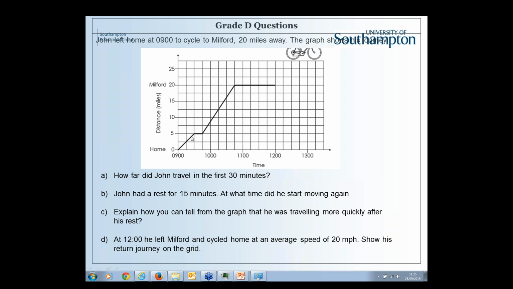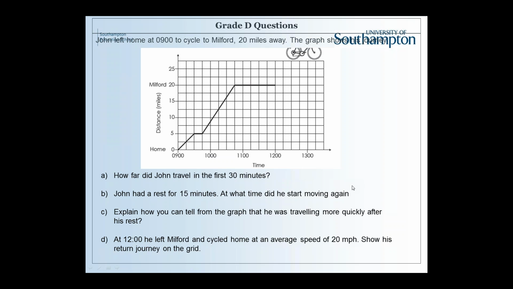And so we can calculate that here he's going at 10 miles an hour. And here he's going at 15 miles an hour. So that's faster. And he must have been speeding down a hill all the way back to get up to 20.